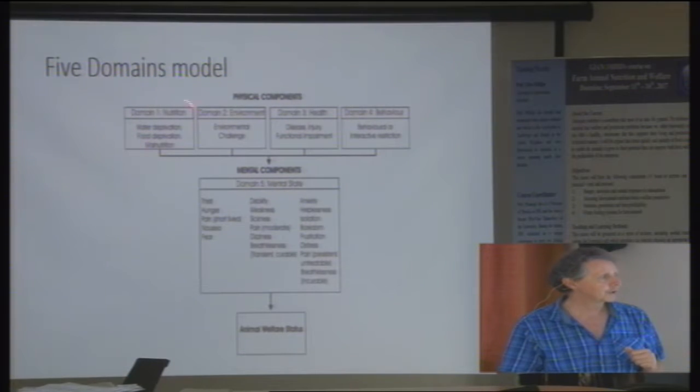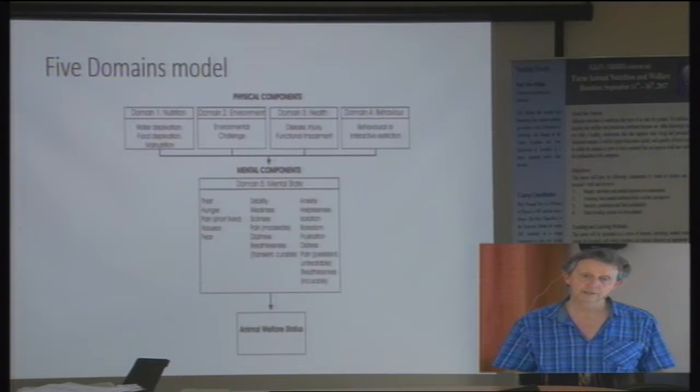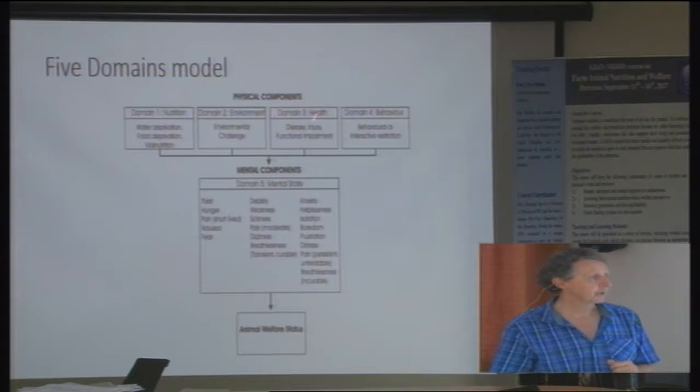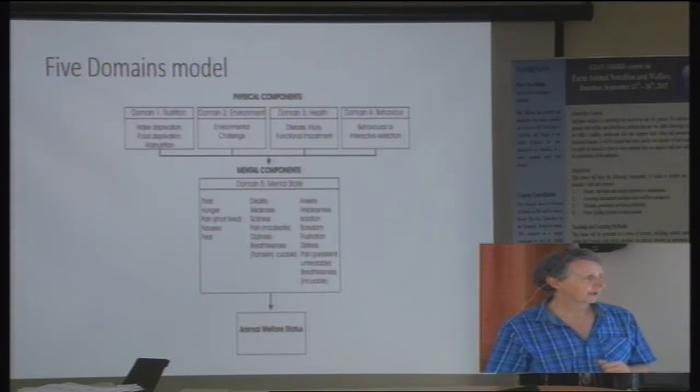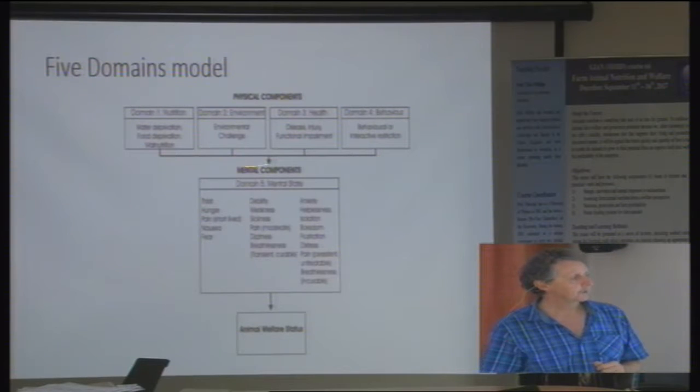So nutrition is one of them. It's water deprivation, feed deprivation, and malnutrition. That's much better than just saying hunger and thirst. Much more accurate. Then it's the environment, health, and behavior, the same as before. But these all feed into the mental components, of which thirst and hunger may be some of those.